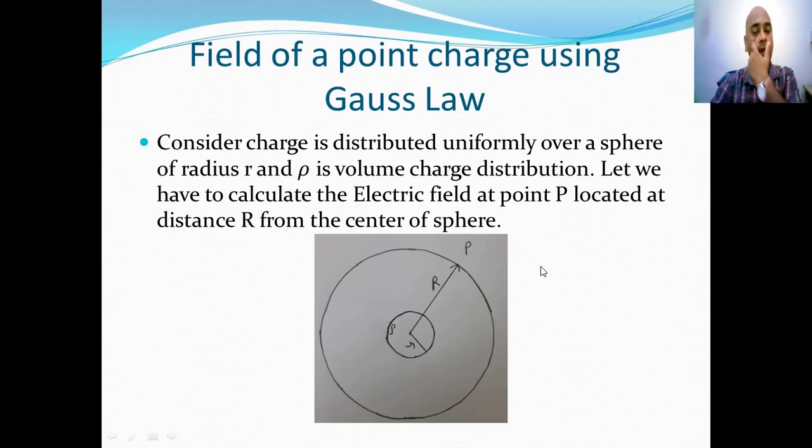So in order to find the electrical field at point P, we are drawing a sphere of radius capital R, such that it encounters point P. As the point charge is covered by a sphere, every electrical line which is emanating from this point charge is enclosed by this sphere.